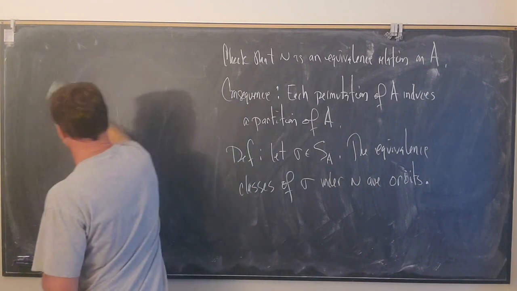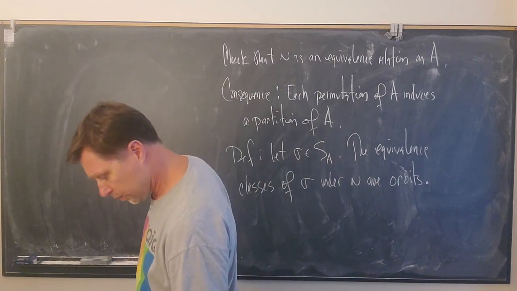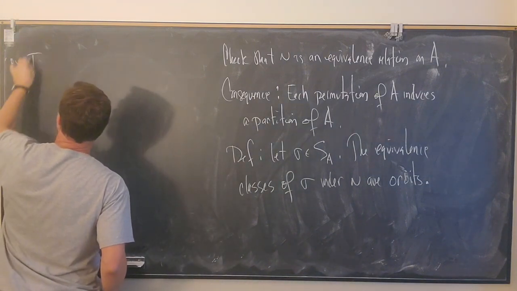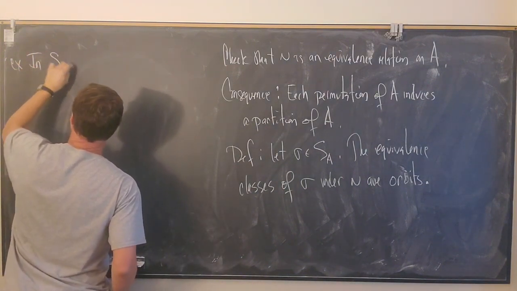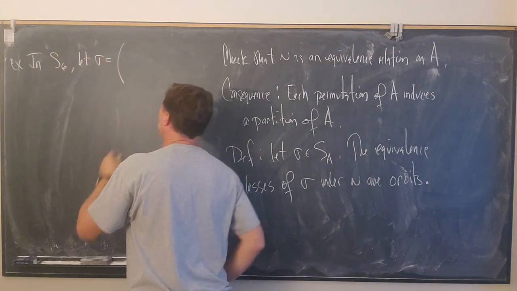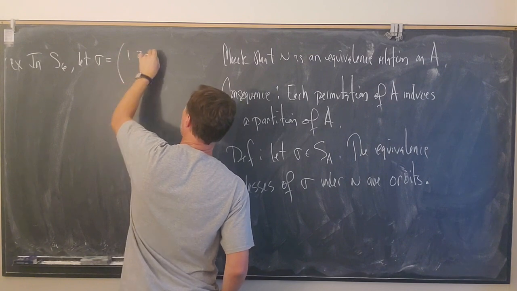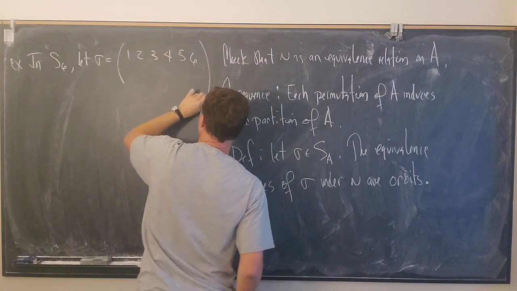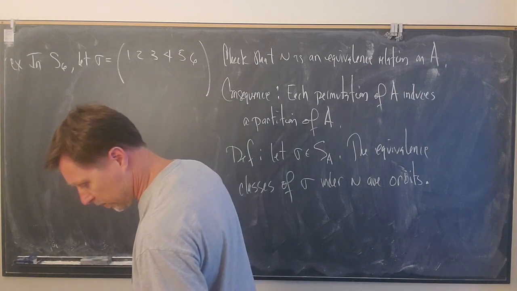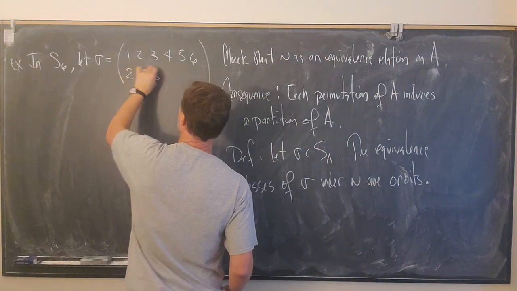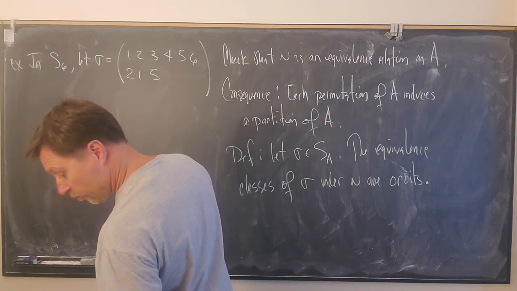So let's try some examples. First, let's look at S6. So first example, in S6, let sigma be, we'll use our matrix notation to define our permutation, and I want the second row to be 2, 1, 5, 4, 6, 3.